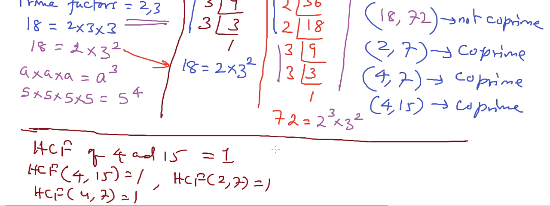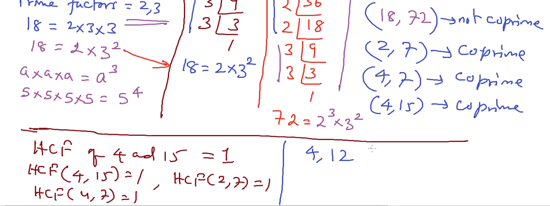So suppose the two numbers are not co-prime. Let's say 4 and 12. Here one is a factor of the other, or one is a multiple of the other. Here 4 is a factor of 12, or we can say 12 is a multiple of 4.